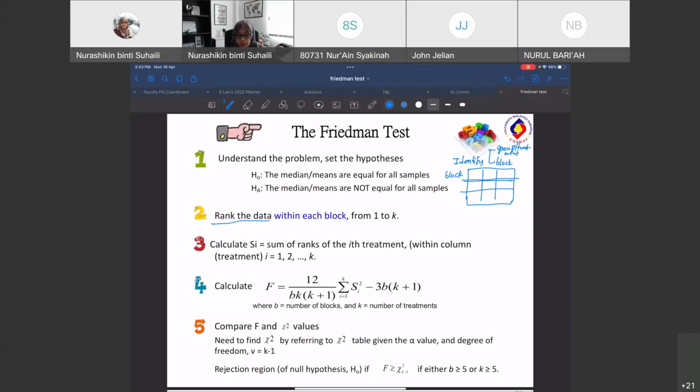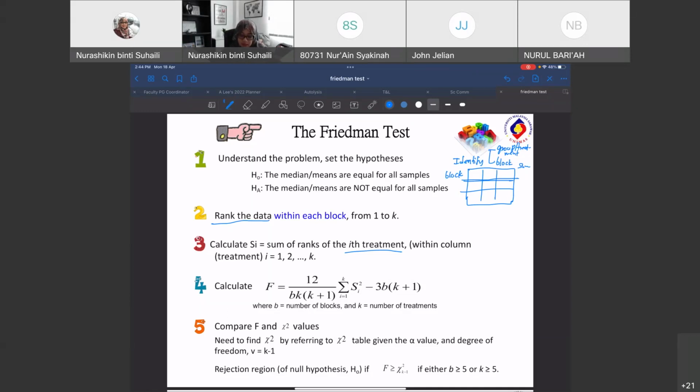If the block is here, it's going to be horizontal, I mean the data that we want to rank. And then calculate the sum of the ranks within each column or within each treatment. Once you have ranked it, the sum of the ranks is you add up the ranks.